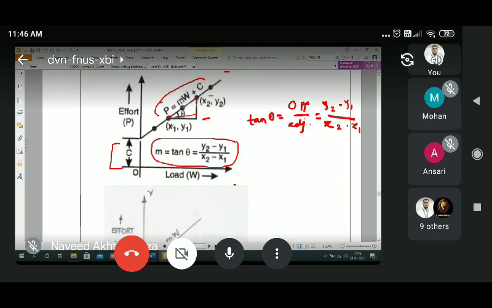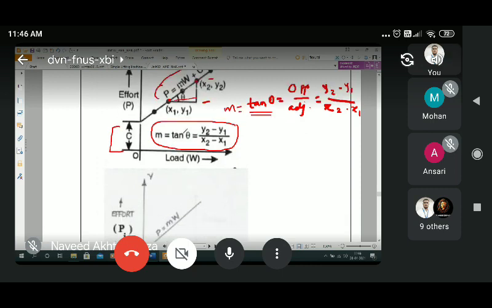The initial position is denoted by x1 y1 and the final position by x2 y2. M is equal to tan theta, and tan theta is equal to opposite upon adjacent, that is y2 minus y1 divided by x2 minus x1. Then we can find the value of theta by taking the inverse of tan.